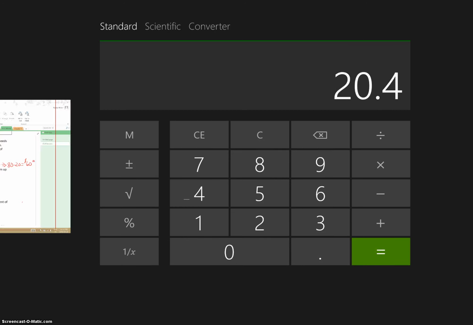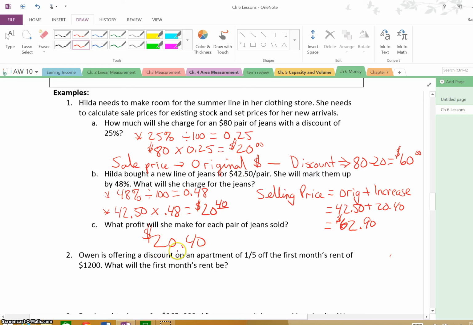So that's going to give the price of the jeans as $62.90. So what profit will she make for each pair of jeans? Well, that's the $20.40. Because she's got to pay her wholesaler $42.50 for each pair of jeans, and then when she sells them for $62.90, she's putting into her pocket $20.40 per pair of jeans.